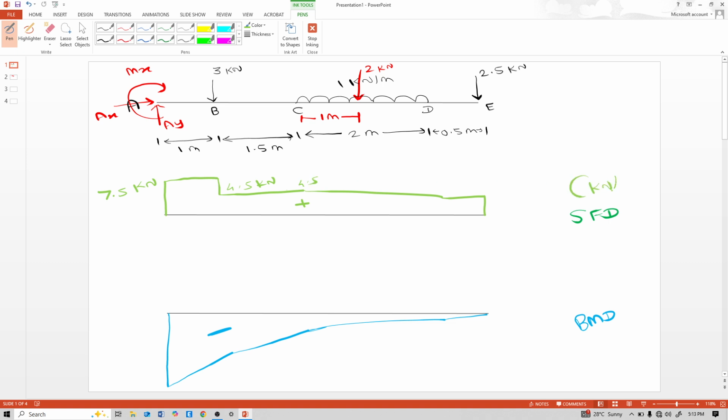Shear force unit is kN. So this is positive 4.5, and at point D, C, positive 4.5 minus 2, it is 2.5. Here also 2.5, but this drops down, so here it is 0. In our shear force diagram, maximum shear force is 7.5 kN. This is corrected.